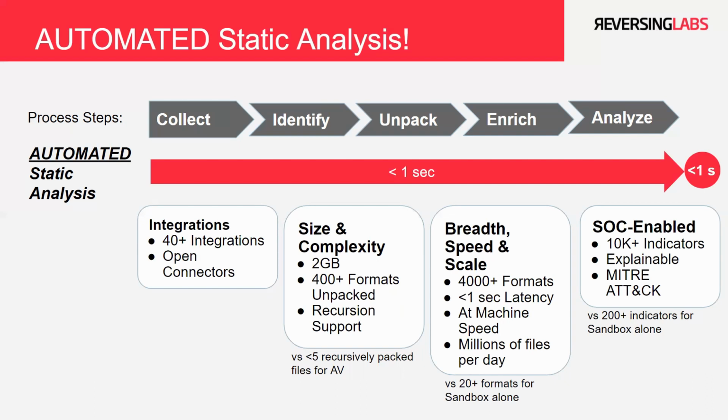We support, arguably, an infinite number of recursions from a packing perspective. We support over 4,000 formats, whether they're PE, Linux, Mac, Android, iOS. There's a variety of different environments that we support. We even support some firmware in certain scenarios.